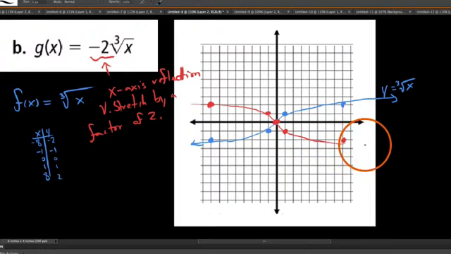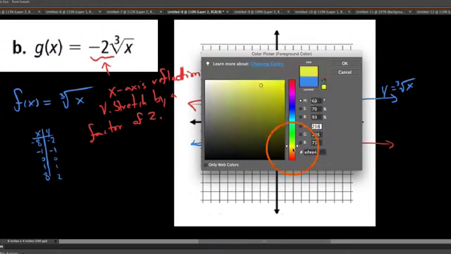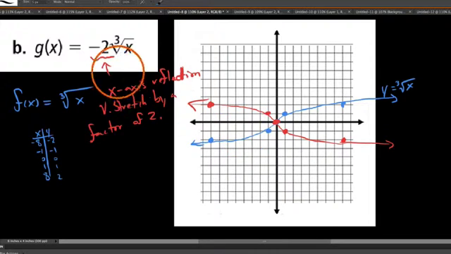Now the other thing is that we are stretching this by a factor of 2. So I'm going to switch my color again, maybe to an orange color. This was also vertically stretched by a factor of 2. Vertical stretch is away from the x-axis. So this would still be at 0, 0, but this would be twice as far away from the x-axis as it currently is. It's 1 away, now it's 2 away.